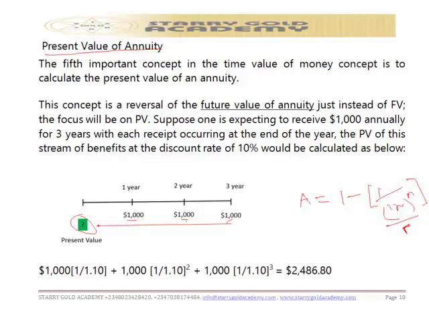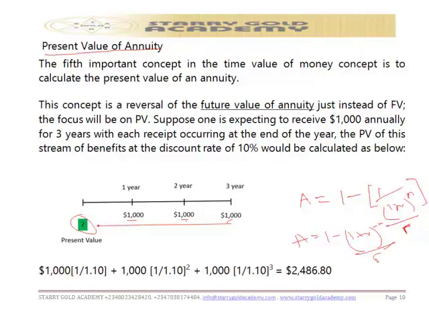Now, let me rewrite it so you can get it. A is equal to 1 minus 1 plus r raised to power minus n, all over r.